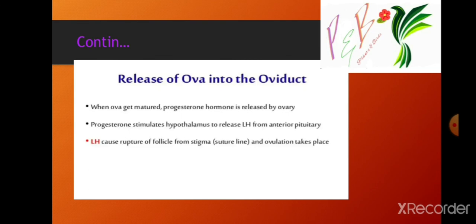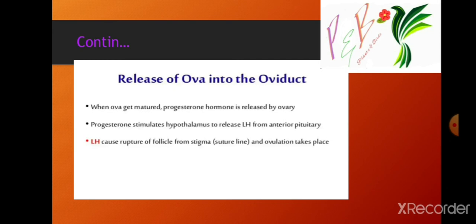And next, release of ova into the oviduct. When the ova mature, progesterone hormone is released by the ovary. Progesterone stimulates the hypothalamus to release LH, luteinizing hormone, from the anterior pituitary. Luteinizing hormone's role is very, very important. It causes rupture of the follicle at the stigma, the suture line.